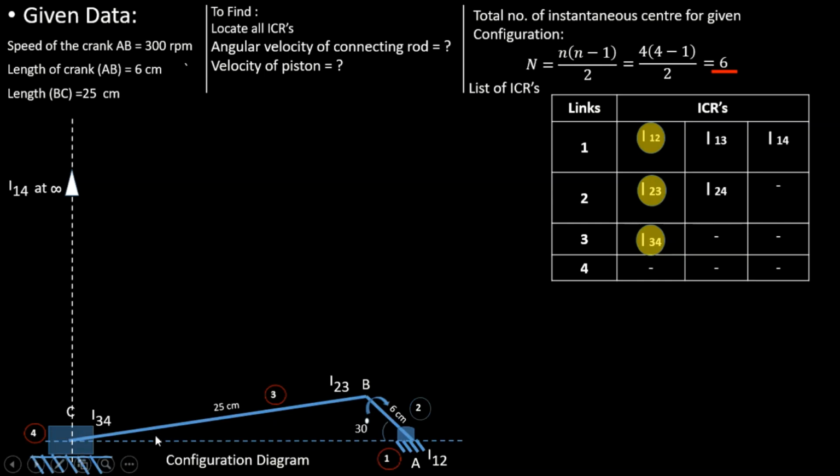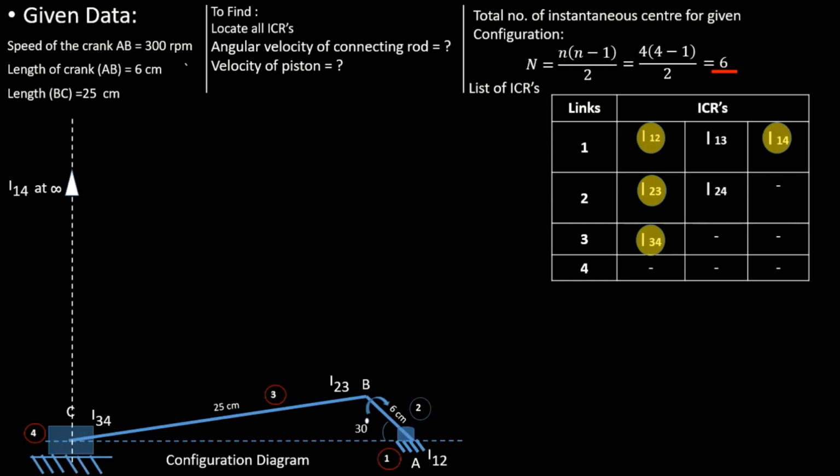If it is a curvilinear surface or the slider is moving on a curvilinear path, then the instantaneous center will lie on the center of the curvature. So we have located I14, so we'll strike it out from the table. Now we are left with I13 and I24, which are neither fixed nor permanent in nature. So we have to locate these 2 instantaneous centers.